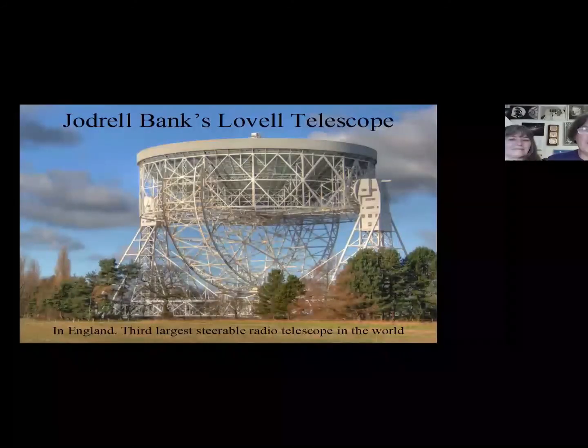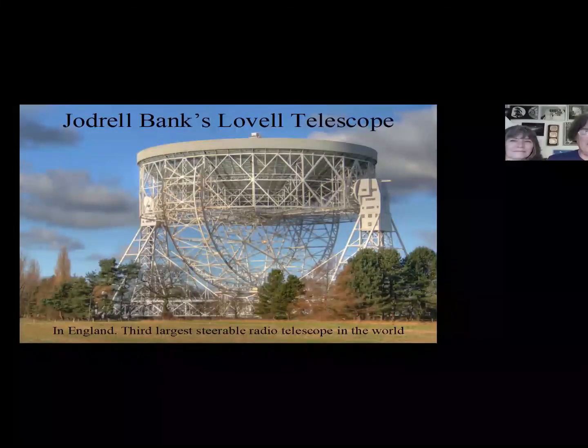Radio telescopes can get pretty good size. This is in England. It's only the third largest steerable dish in the world, but I think it's the coolest looking one. And you look at that and you think, okay, yeah, that is a telescope. Different, weird, but even that is not the largest.